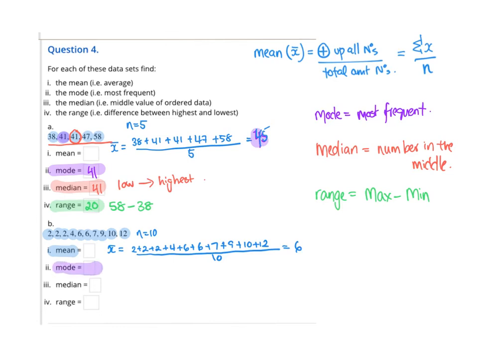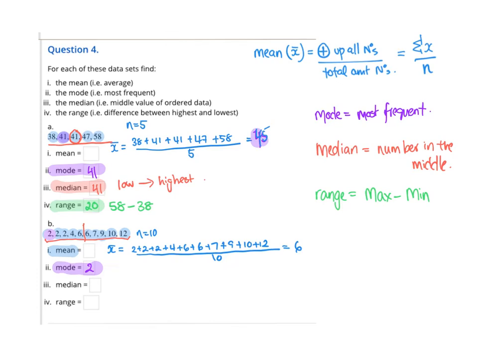Okay, the mode. You said the mode was the most frequent. Which one is the mode in this one? 2. Yep, I agree. Then we've got the median. We need to put them in order, and they are in order here from lowest to highest. If we split it in half, don't we have 5 on one side and 5 on the other?